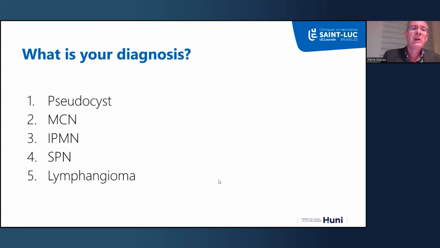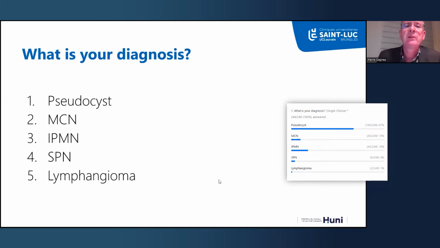What would be your best guess or diagnosis? You have the MRI, the CT, the EUS pictures, and the biochemistry. Unfortunately, there is no result from cytology, but that's the case in usually about 50 to 60% of those cases.